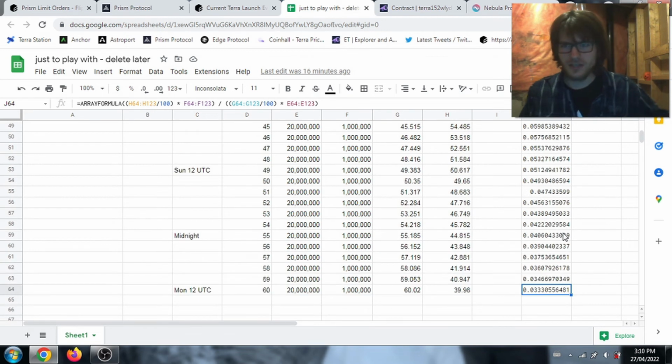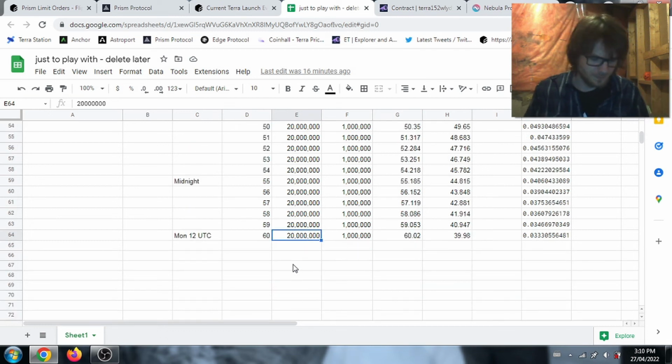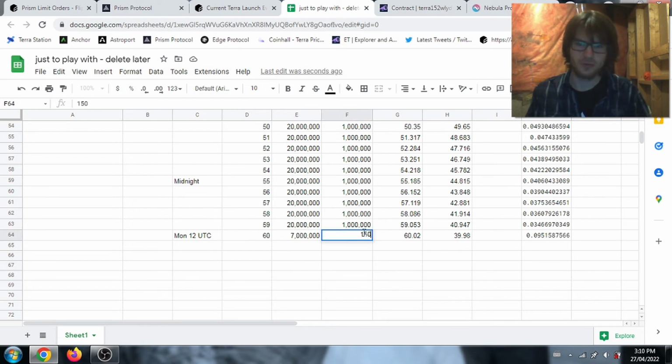So you can ask yourself, how much is going to be in the LBP at the end of the period? You can put the numbers in with this calculator. Let's say 13 million Neb gets sold, leaving us with 7 million Neb, and let's just say there's 15 million UST in there.